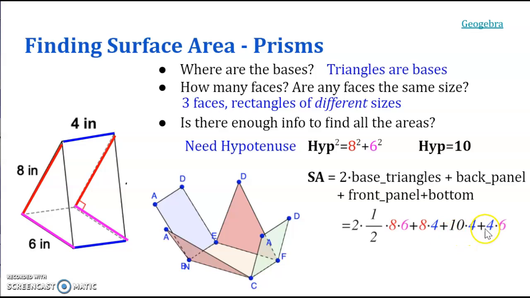So it's 4 times 6. And then we have 2 of the brown triangles. 2 times half times the base of this triangle is 6 and the height is 8. So 2 times half times 8 times 6 are the 2 brown triangles, and that is 144 inches squared.